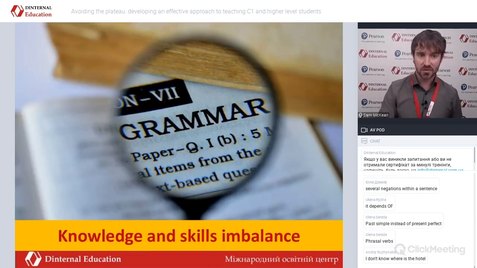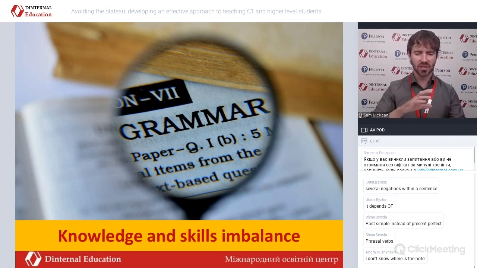So another challenge, of course, in our higher level classroom, there is often a knowledge and skills imbalance. So some students are very, very strong in some areas and still surprisingly weak in others. Some students might have a fantastic grammatical knowledge.